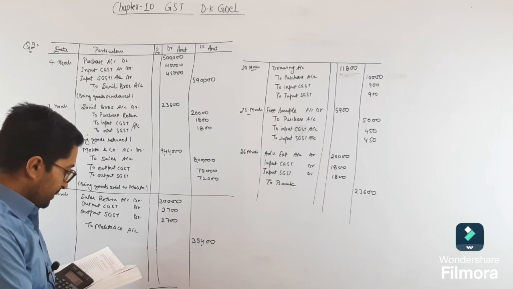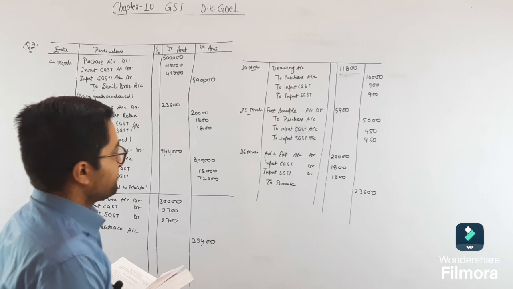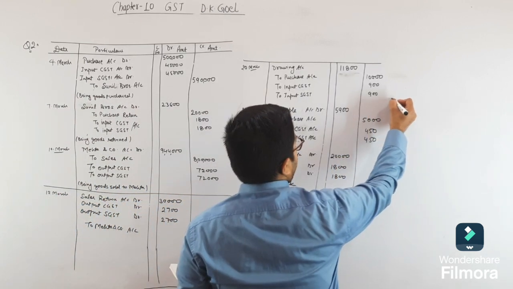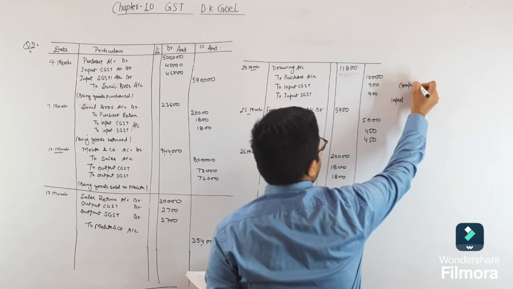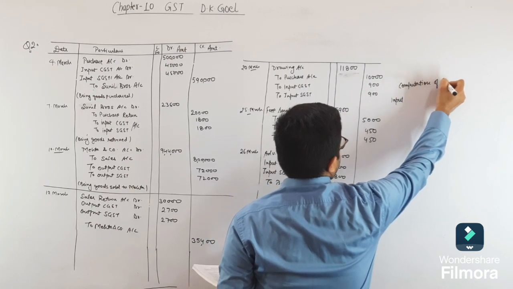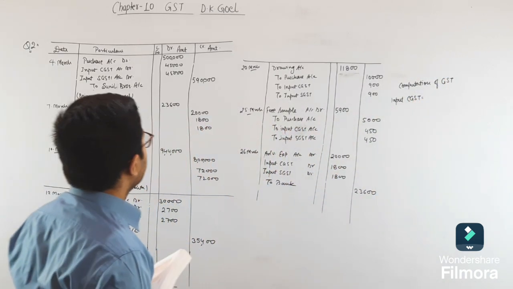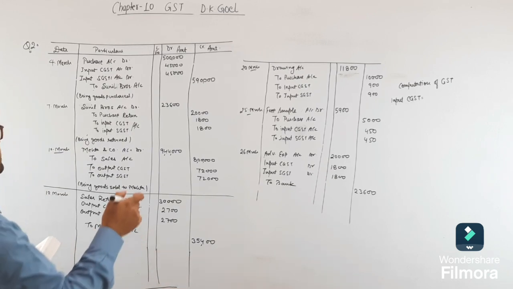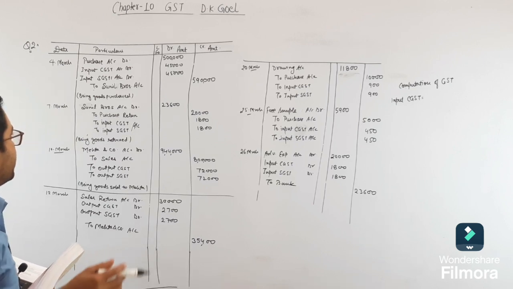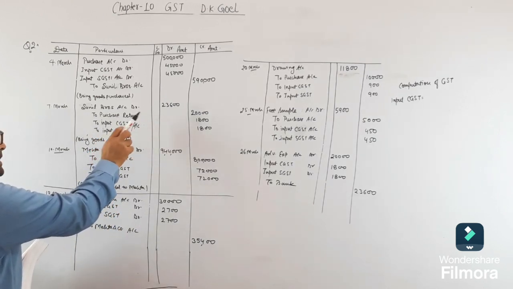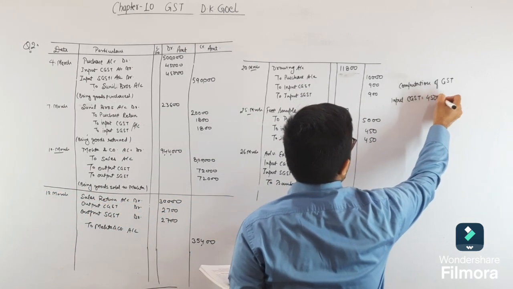Now the next is payment made of the balance amount of the GST. Now first we calculate the amount of the GST. So computation of input GST, input CGST. Now see, where is input CGST? In the debit column. If the input CGST is in debit, then it is positive, and when the input GST is in the credit, it will be negative. 45,000.